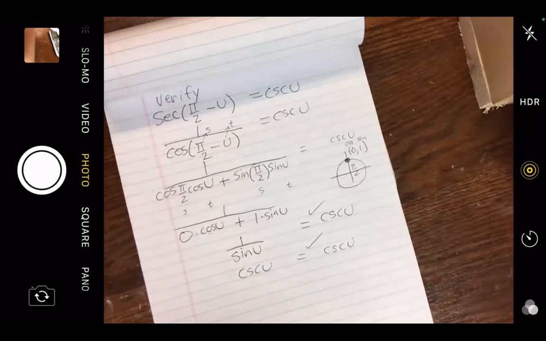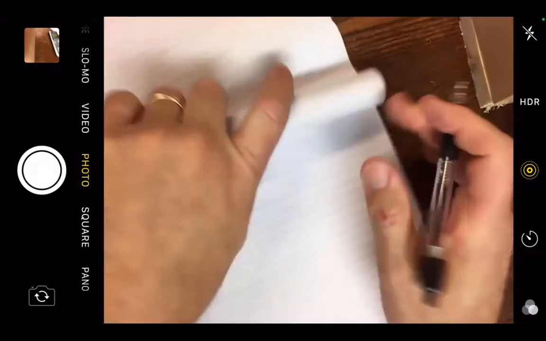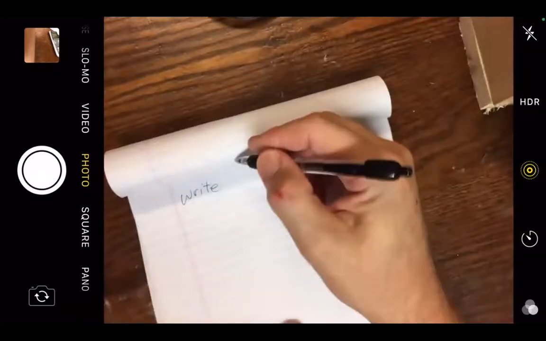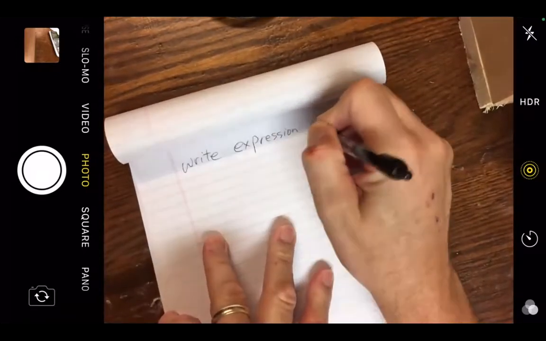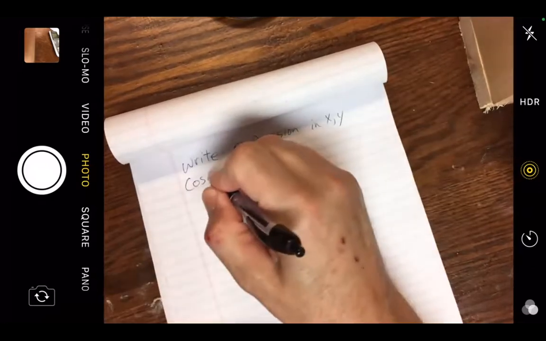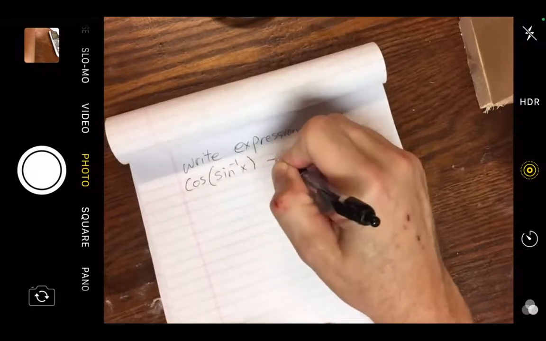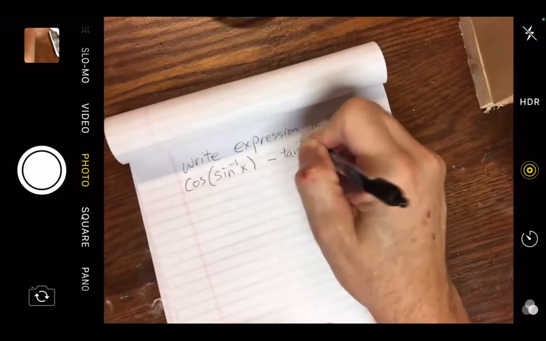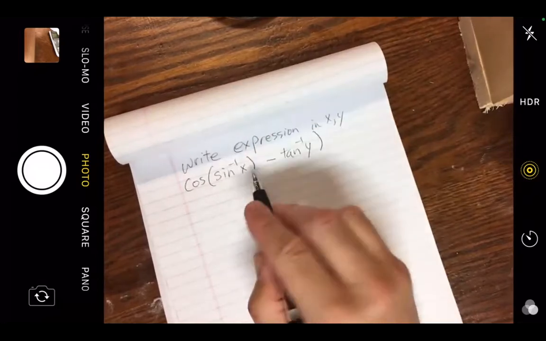This next one says write the given expression in terms of x and y only. Okay. And the expression is cosine of the inverse of sine to x minus the inverse of tan to y. Oh, I bet it's all in one parenthesis, so I shouldn't have a parentheses there, right?